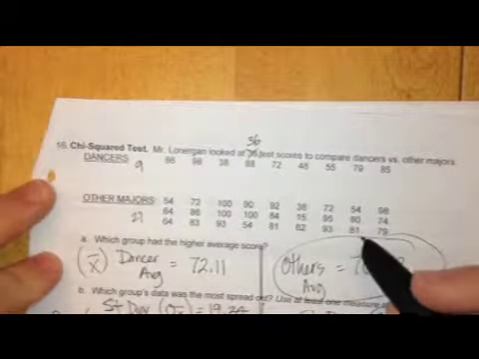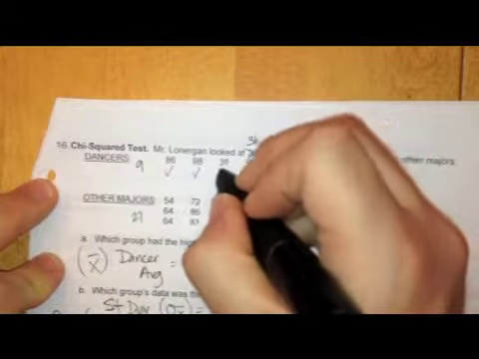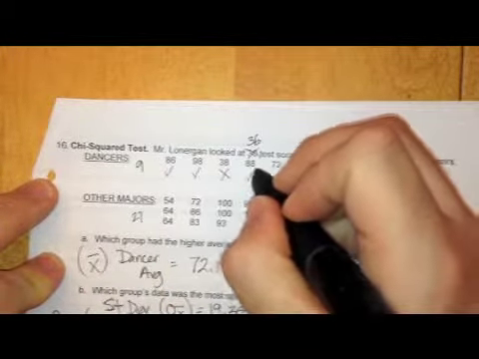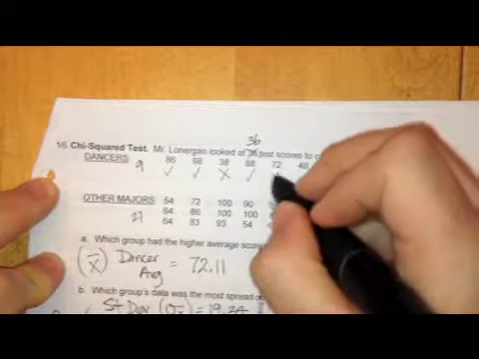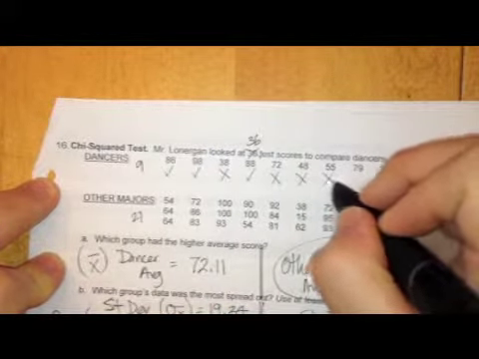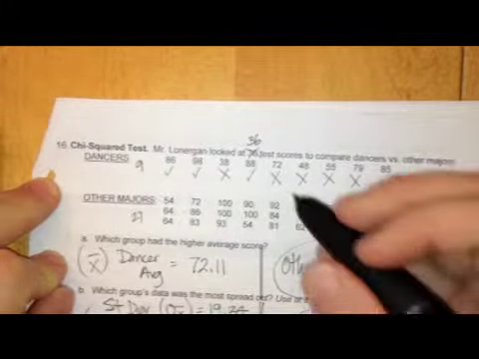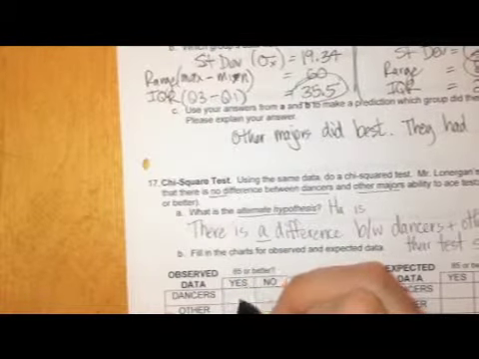I'll put a check or an X. Dancers had 86, 98, 38, 88, 72, 48, 55, 79, and 85. When I go through that list, it ends up being the dancers with an 85 or better. There were 4 of them.